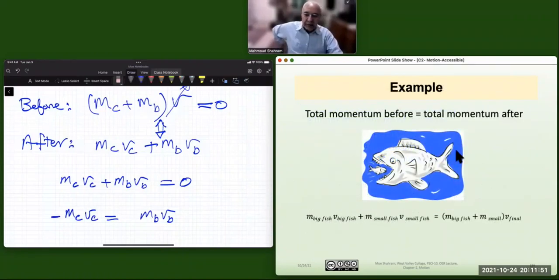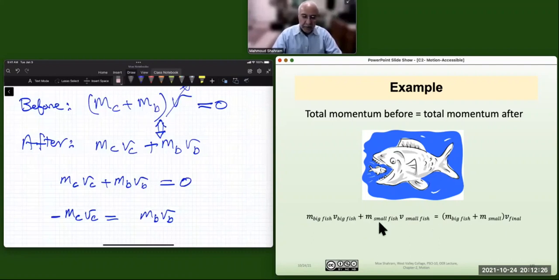Another example is what happens when an object coming from one side hits another object and they stick together. In this case, a big fish eats the little fish. So the big fish coming from right to left, times its velocity, that is before it eats the little fish.